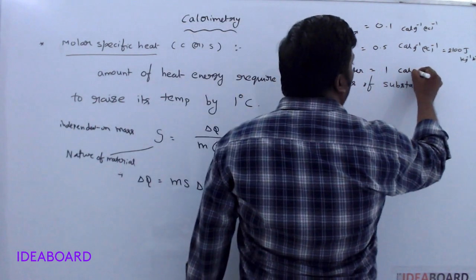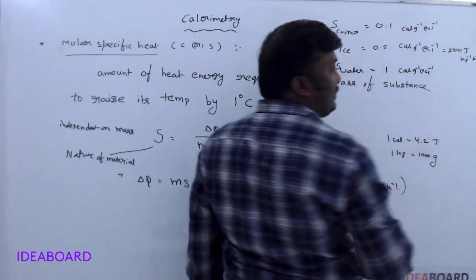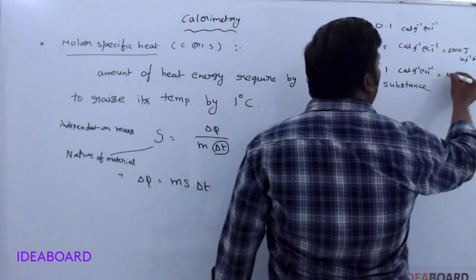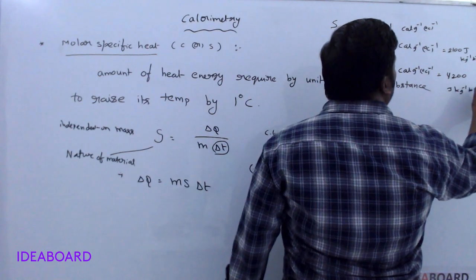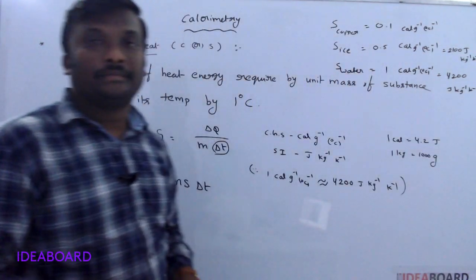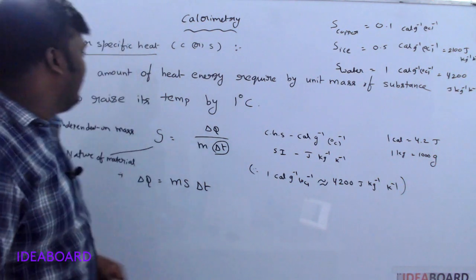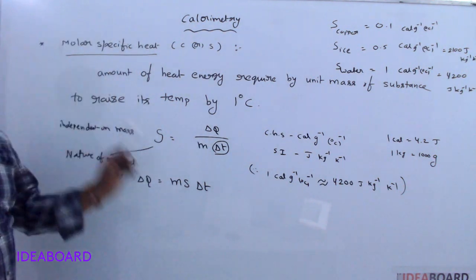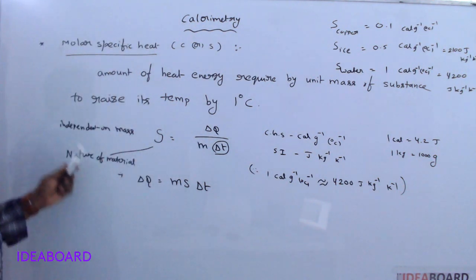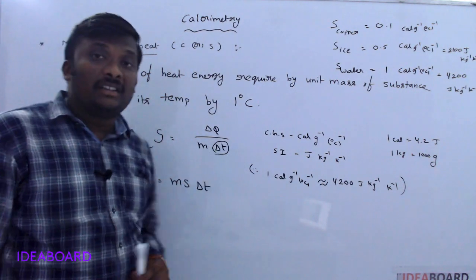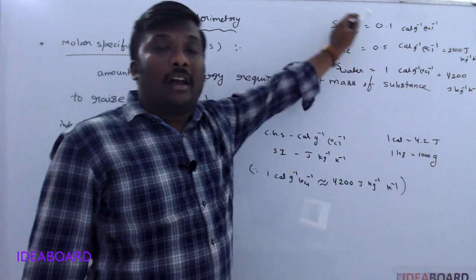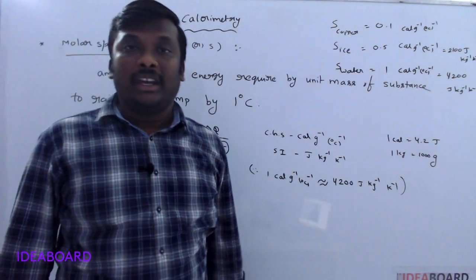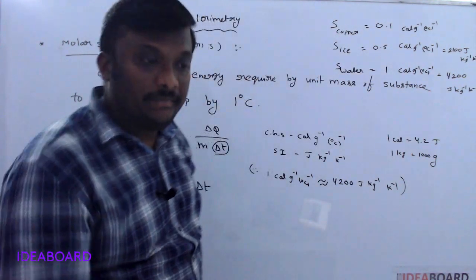So 1 calorie gram inverse degree Celsius inverse means in SI units this value is 4200 joule kg inverse Kelvin inverse. Okay, this is about specific heat. It depends only on the nature of the material and temperature difference, independent of the mass. For a particular body, it always has a constant value.